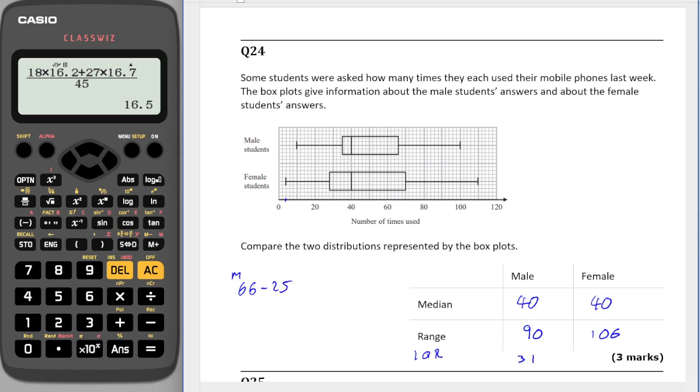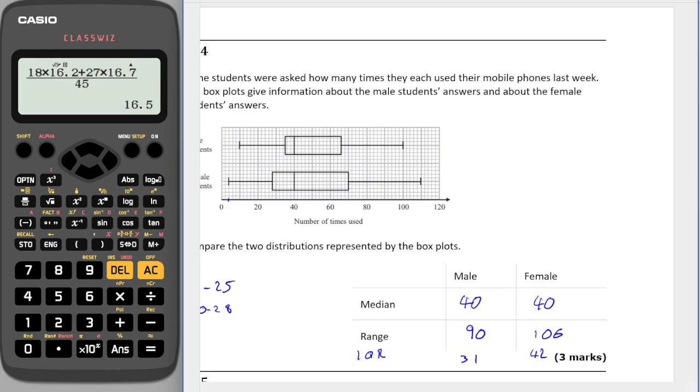And the interquartile range for the females is looking like 70, and the lower value is looking like 28. So we're looking at an interquartile range there of 42. So compare the two distributions. So that table helps us compare them. So they have the same median.